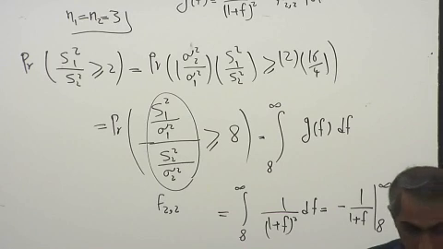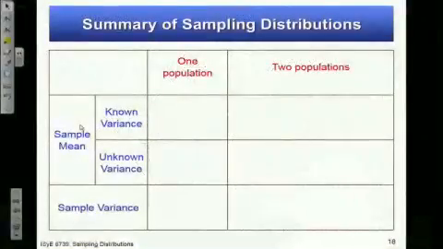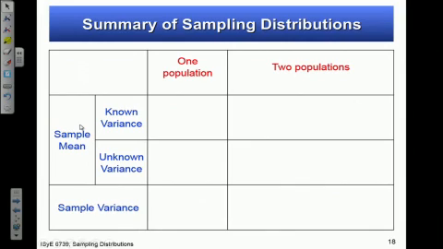Okay. So one slide summarizing everything. One population, distribution of X bar or sample mean when you know the variance. Again, one population, X bar distribution when sigma is known.